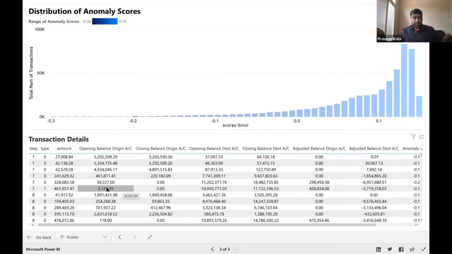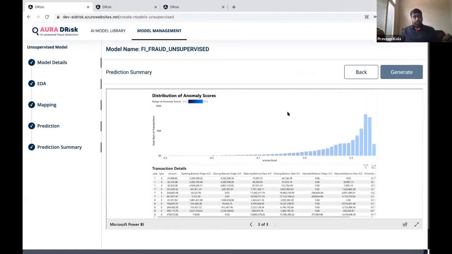That means this amount is not reflected in the closing balance of the destination account. The money is completely lost, and this is one of the worries we need to think about. This is again a money transfer transaction, categorized as cash out.